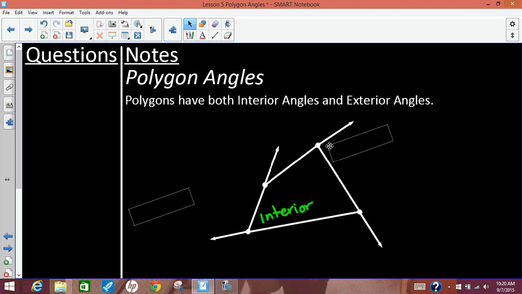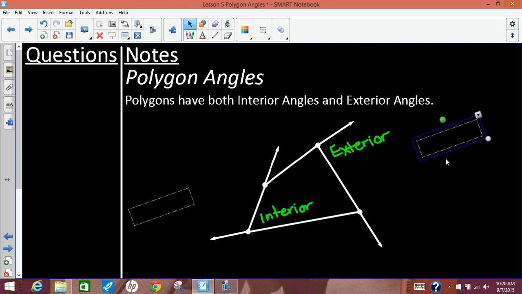And you can see I have 1, 2, 3, 4 exterior angles. So 4 angles that can be formed outside of the polygon. And again, those are formed just if we were to extend the sides. So a polygon has 4 interior, 4 exterior angles if it has 4 sides. If it has 100 sides, it has 100 interior and 100 exterior.